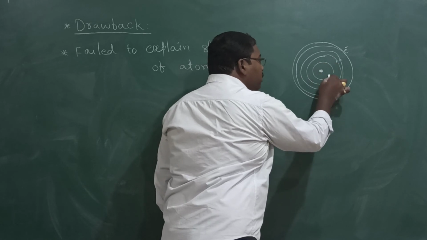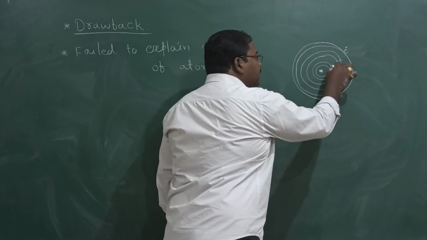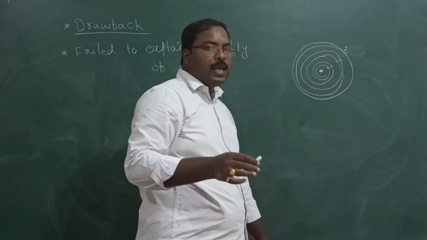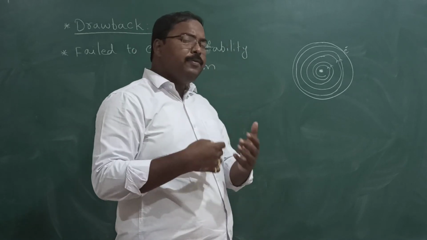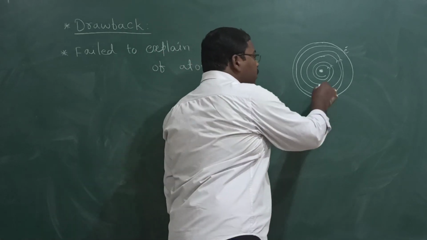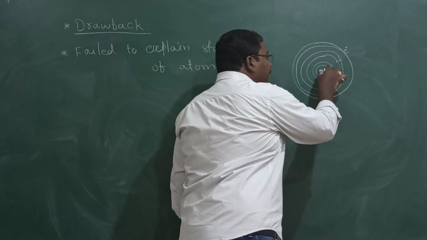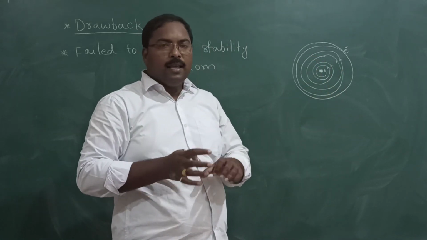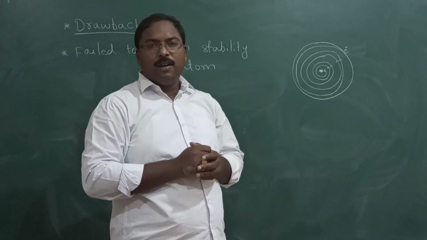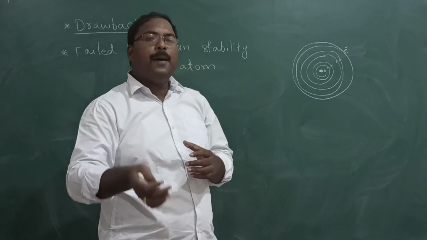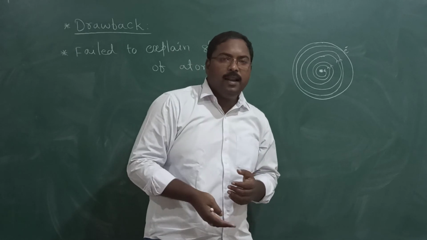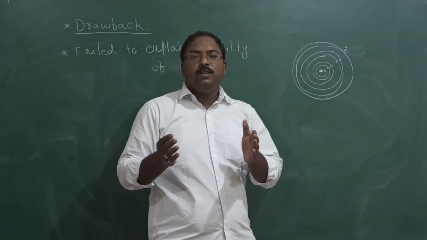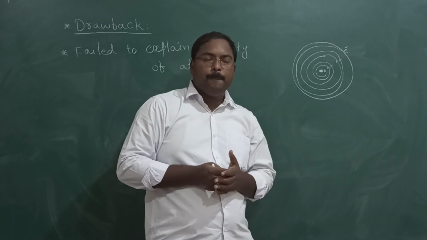Like that, after some revolutions, definitely after some time the energy of the electron may become zero, and then it will be attracted completely by the nucleus. Then the atom will collapse. But that is not what happens; we know that atoms are highly stable.